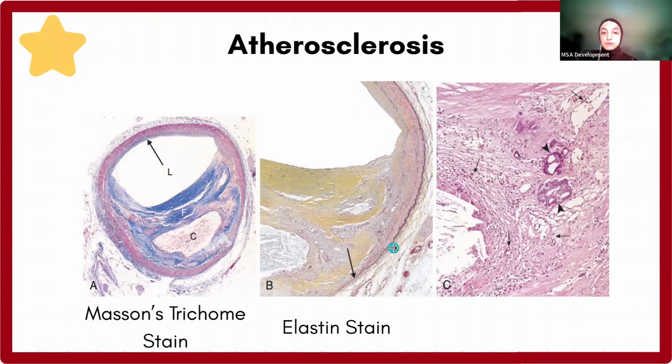Under the elastin stain, what we're seeing is that there will be a decrease in the number of elastic tissues, or elastin layers, in atherosclerosis. And why is that? It's because of the multiple endothelial dysfunction. It's going to lead to the breakdown of the other layers as well, which will be replaced by lipid as time goes on.